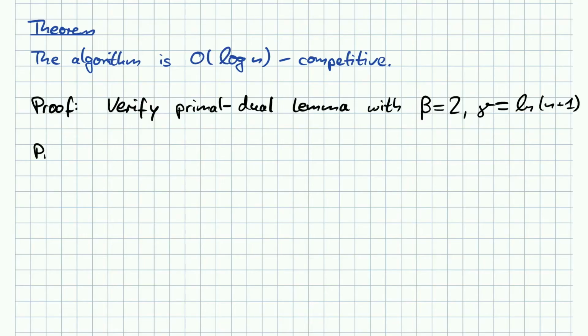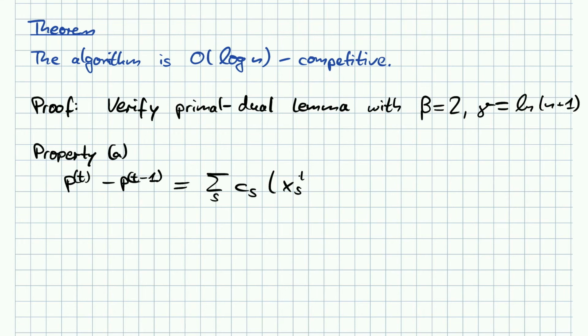Let's first talk about property A. So what is it that we claim here? We'll claim that pt minus pt minus 1, so this is the sum of all s, so that the cs times x as at time t minus x as at time t minus 1, this is supposed to be at most beta times yt.